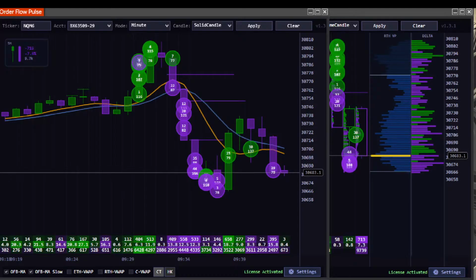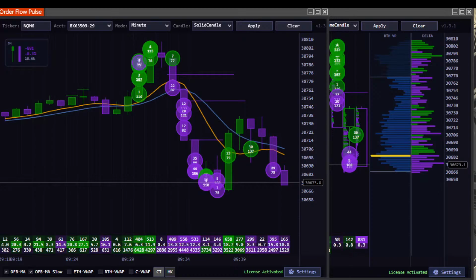ATR is still stinking high. ATR is still 35 on the NQ on 1 minute.